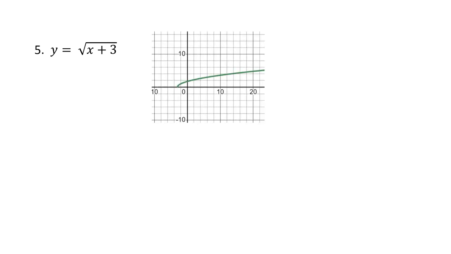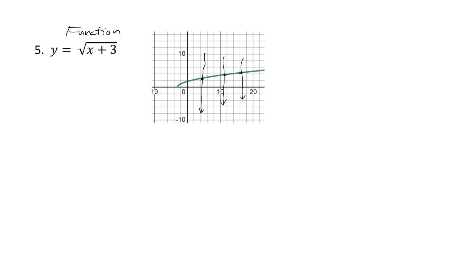Next, number 5. Take a look at number 5. We're going to graph this one. This is like this. Of course, using the vertical line test again, there's only one intersection. So therefore this is a function.